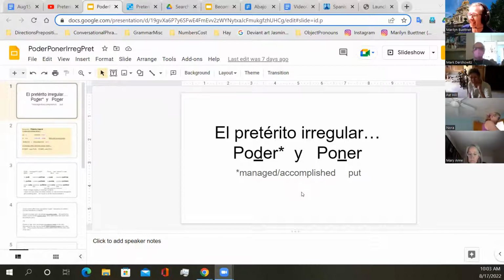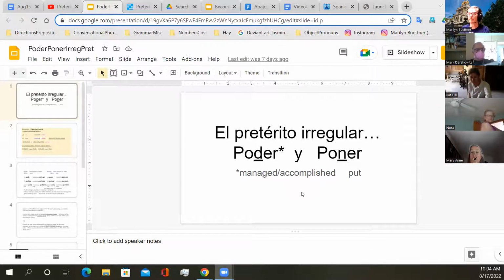And poder gets an asterisk because it means something specific in past tense context. Poder has a specific connotation, a nuance, that it means one thing in preterit, but something really quite different in imperfecto.